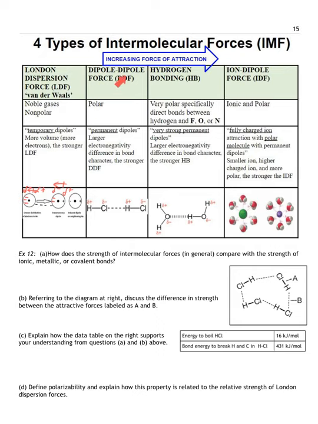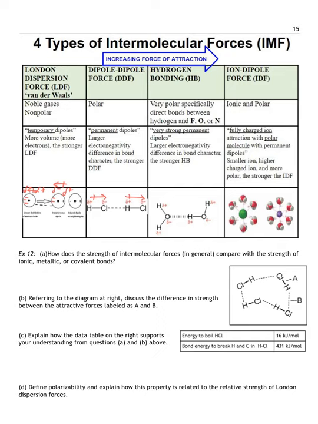Now we go to dipole-dipole force. This occurs in polar molecules, and this is a permanent dipole occurring between substances. In other words, the dipole moment that I'm going to represent is an actual dipole, like this, towards the chlorine. The chlorine's more electronegative in HCl.